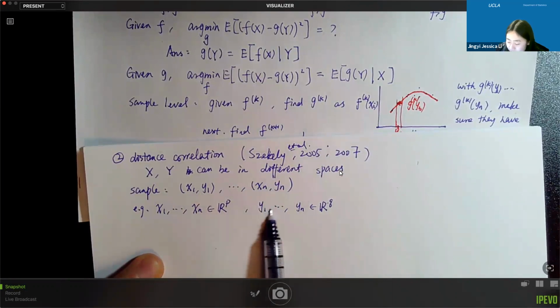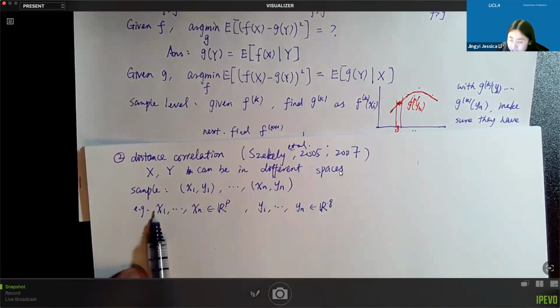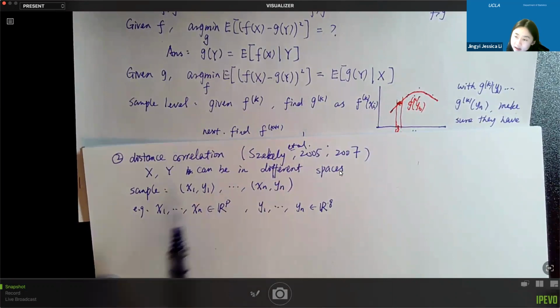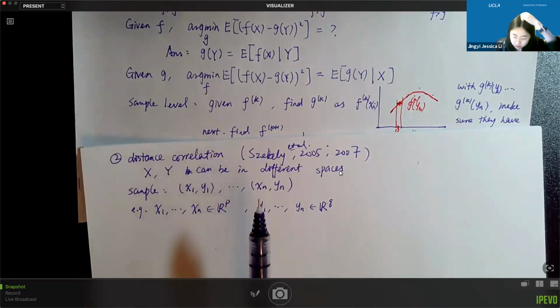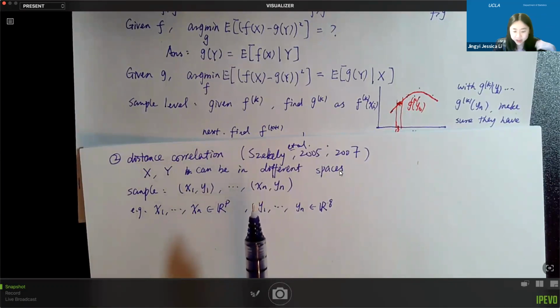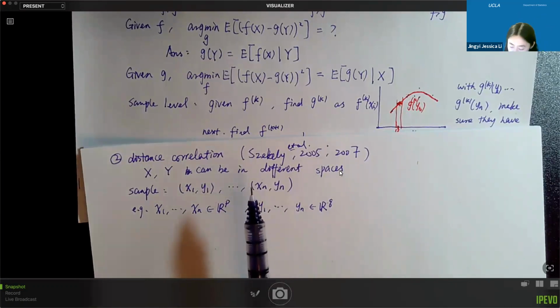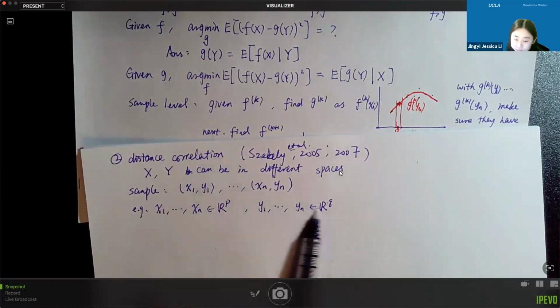So these data are clinical measurements, and these are gene expression data. They are clearly not in the same space and not directly comparable, but they are paired based on patients. So given this data, our first step for calculating the distance correlation is to define pairwise distances within each set.